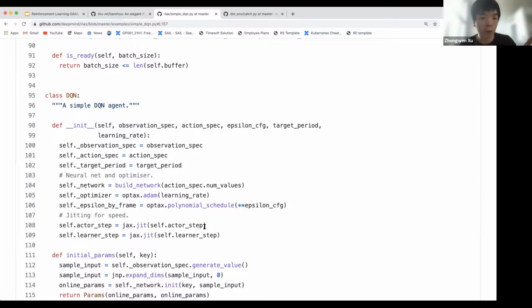And that allows you, for example, for this update step, to deploy the same function on one device, like a single GPU, or even on thousands of CPUs, or even hundreds of GPU cards. They can be the same function. But for the stateful function, like in typical TF and in PyTorch, they cannot do the same thing easily.